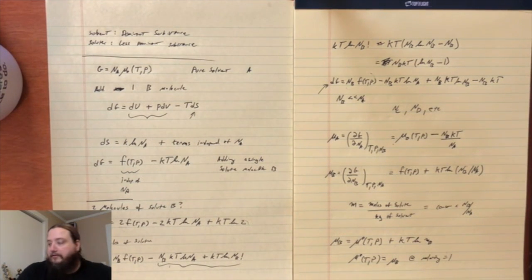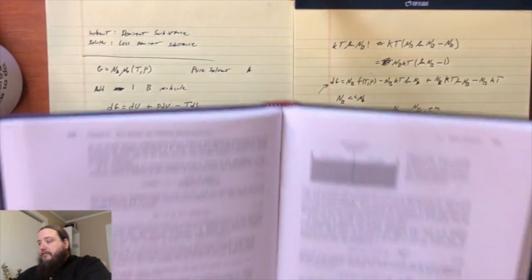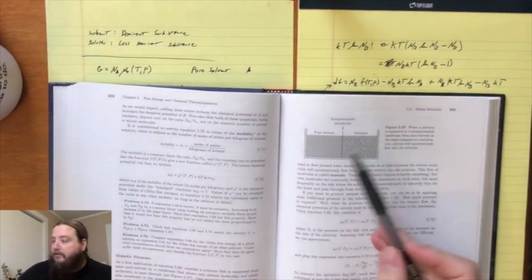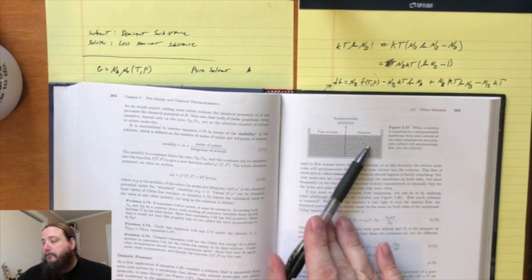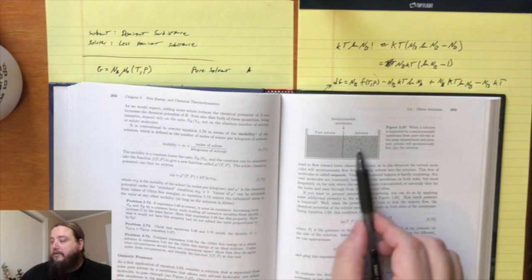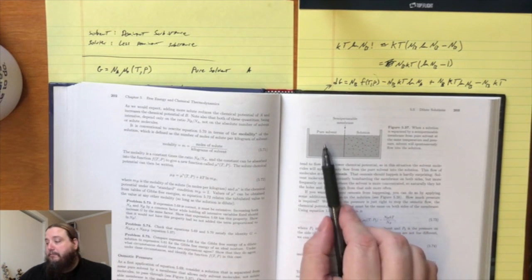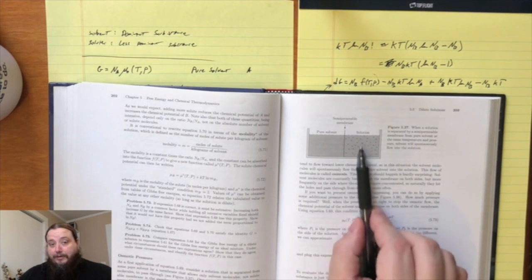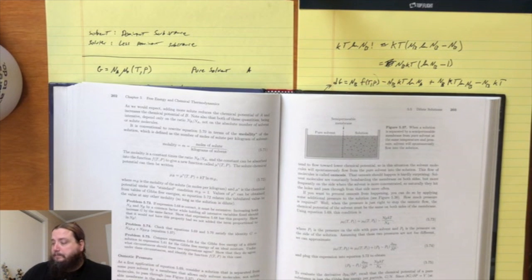That's just going to be the trend. So the result of this is that the solvent molecules are going to tend to drift through this semi-permeable membrane. In other words, the solution is going to pull some amount of pure solvent into it, but that flow is going to be one directional.